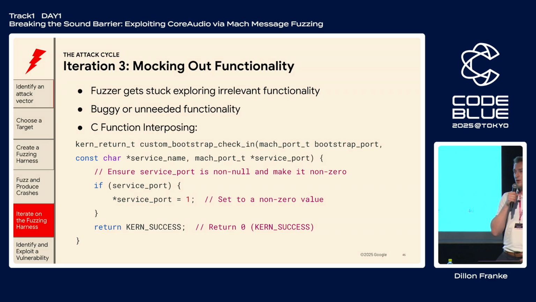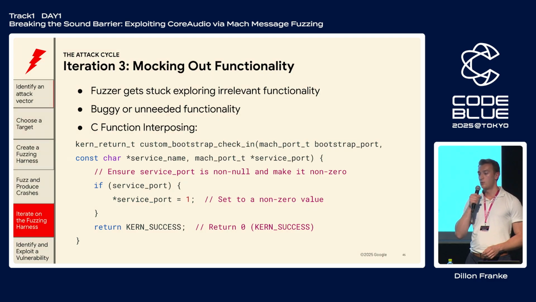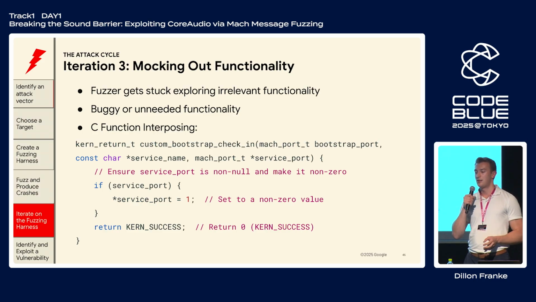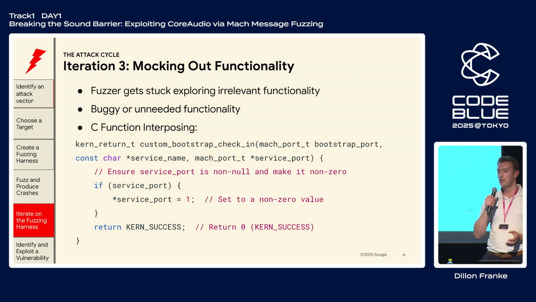The third iteration that I made on my fuzzing harness was mocking out functionality. The fuzzer would get stuck exploring irrelevant functionality, and it's really annoying when that happens, but you can use a variety of tricks. One is using C function interposing. For example, my fuzzing harness was trying to call bootstrap check-in, so register the CoreAudio service again, and that had already happened, so that was throwing an error.